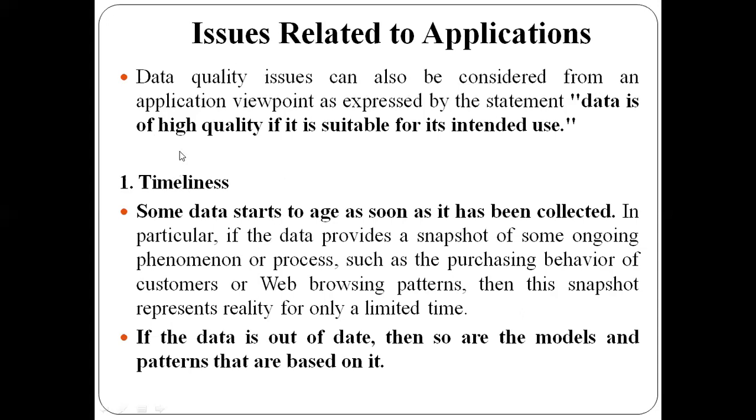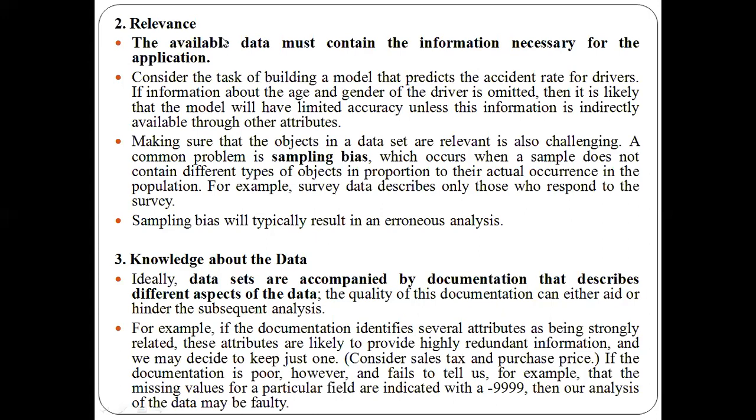Now coming to the second issue, that is relevance. Relevance is how accurate the data is for my application. How much of the information present in the data will be helpful for performing my analysis. For example, if you're building a model for predicting the accident rate of drivers, two of the attributes are age and gender.